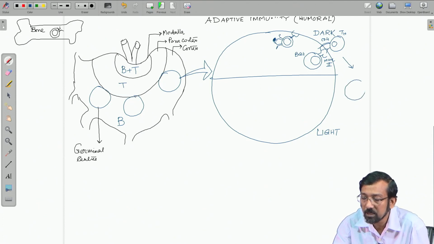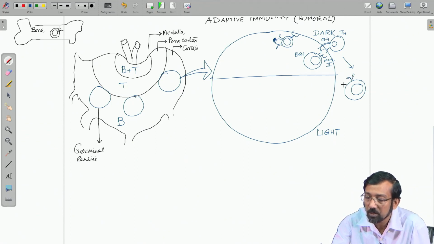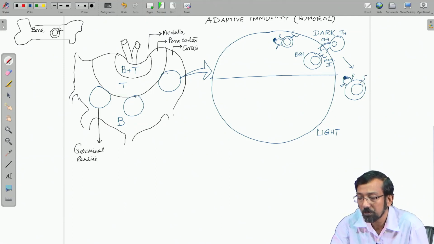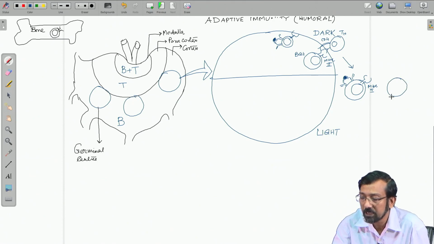Let us say this is a B cell expressing immunoglobulin bound to the antigen, leading to the expression of the MHC class 2, and then you have a helper T cell, the Th cell.